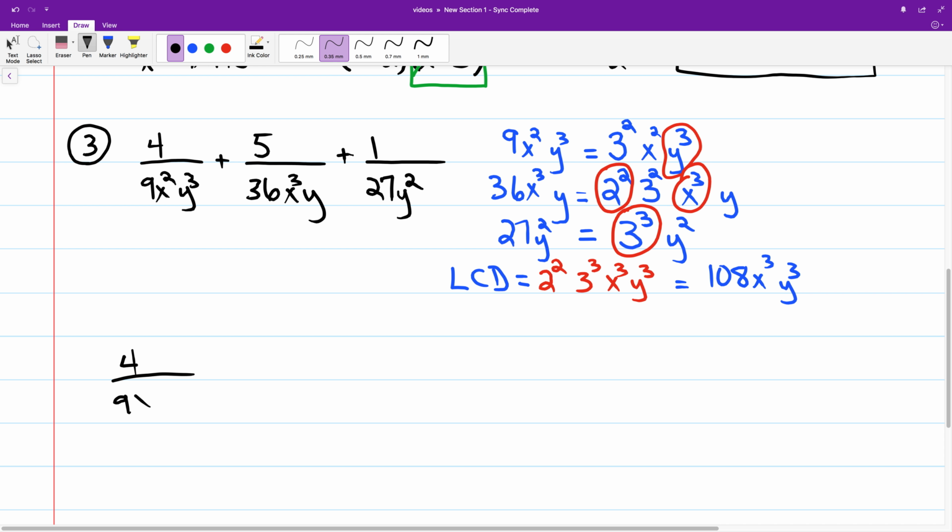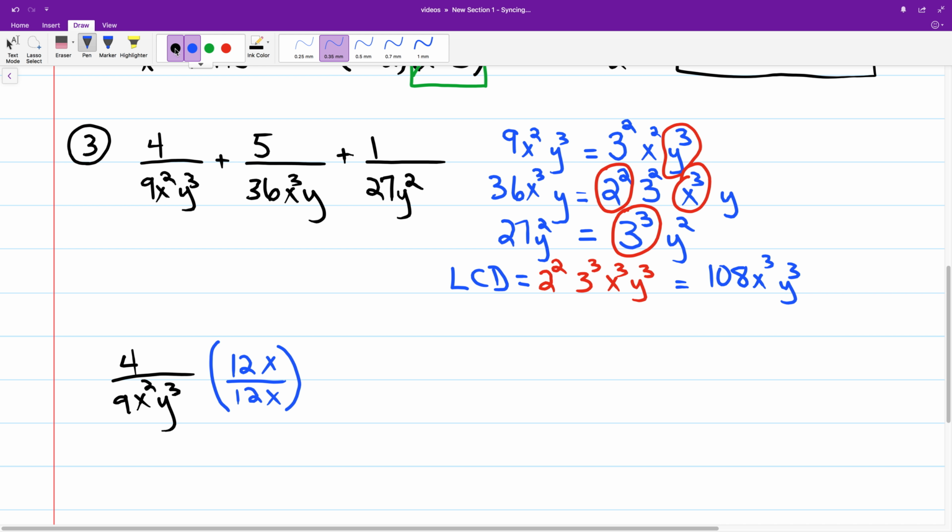so I have for 4 over 9x squared, y to the third. Looking at the denominator, 9 into 108 is going to be 12. x squared into x cubed is going to be x. And the denominator already has y to the third.